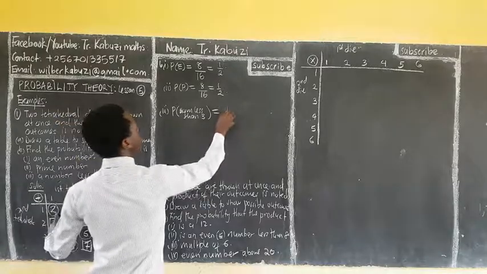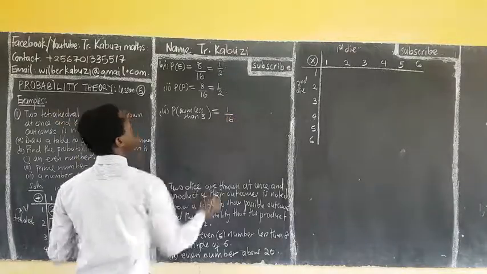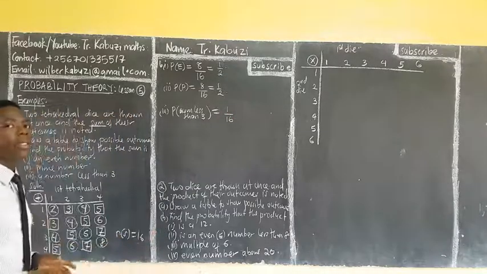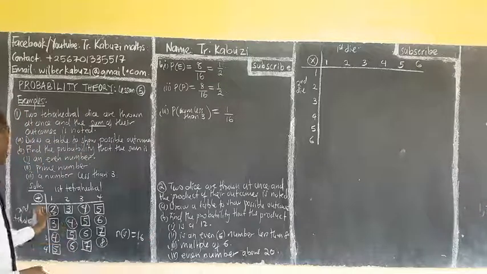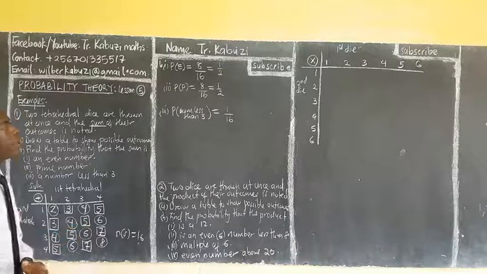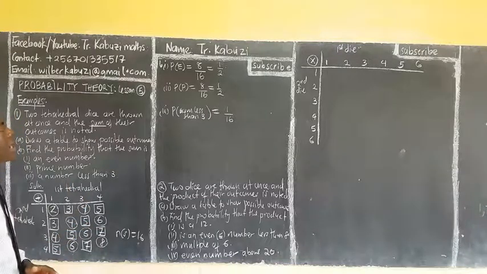So it's just 1 over 16. We aren't putting the number, but we are putting how many numbers are those. So see that it's only one number which is less than 3. All the rest is above 3. And so that's how we answer that one. And the question is done.